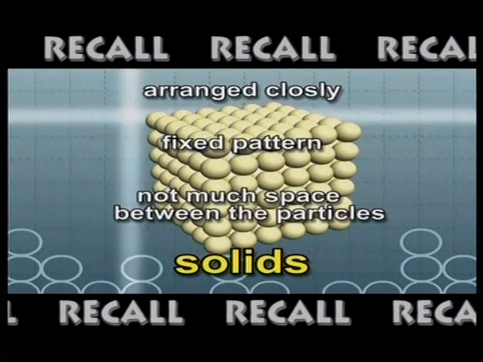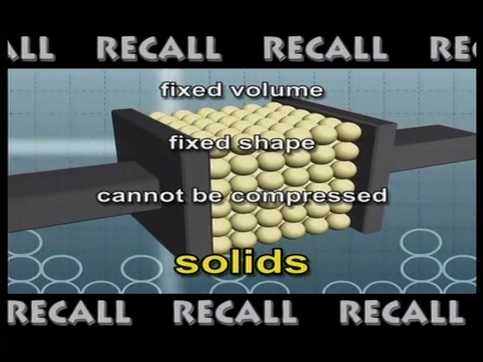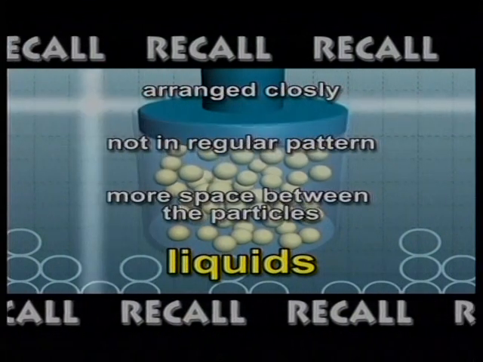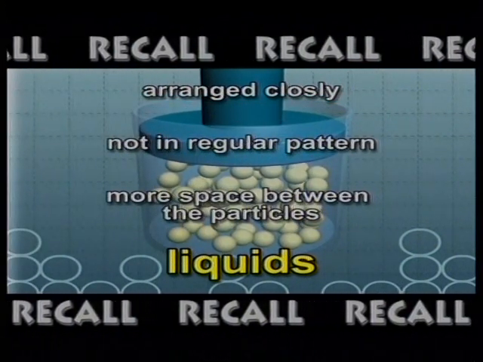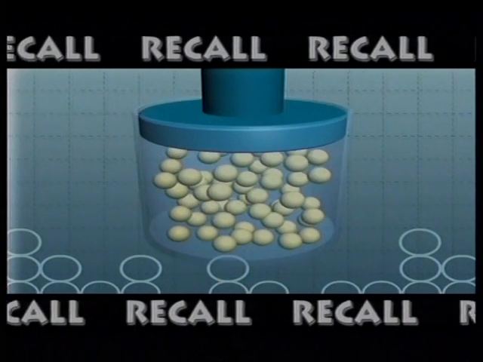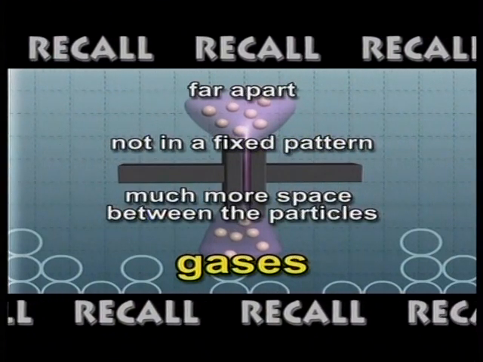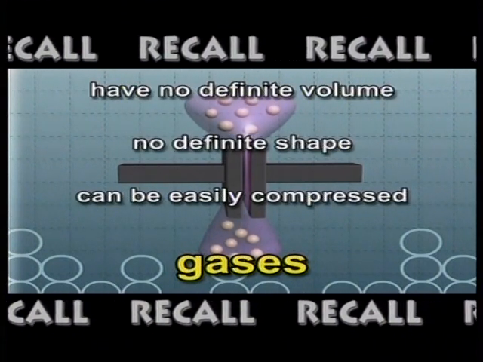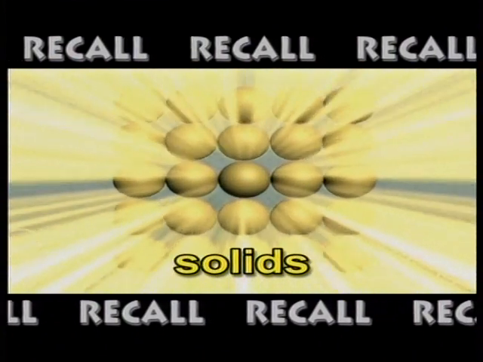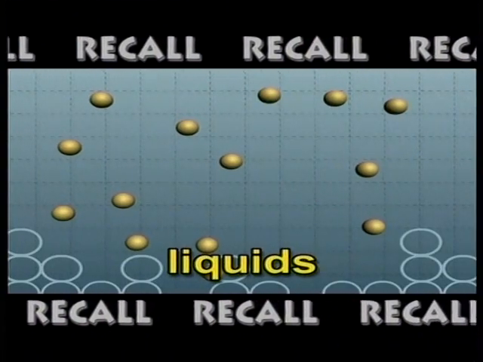We also know the arrangement of particles in the 3 states of matter and their differences. We have also shown you the movement of particles in solids, liquids, and gases.